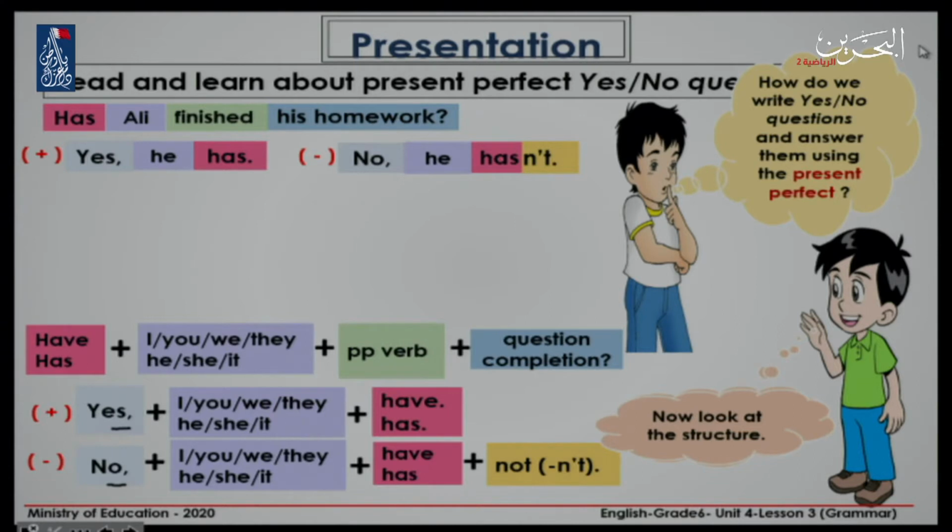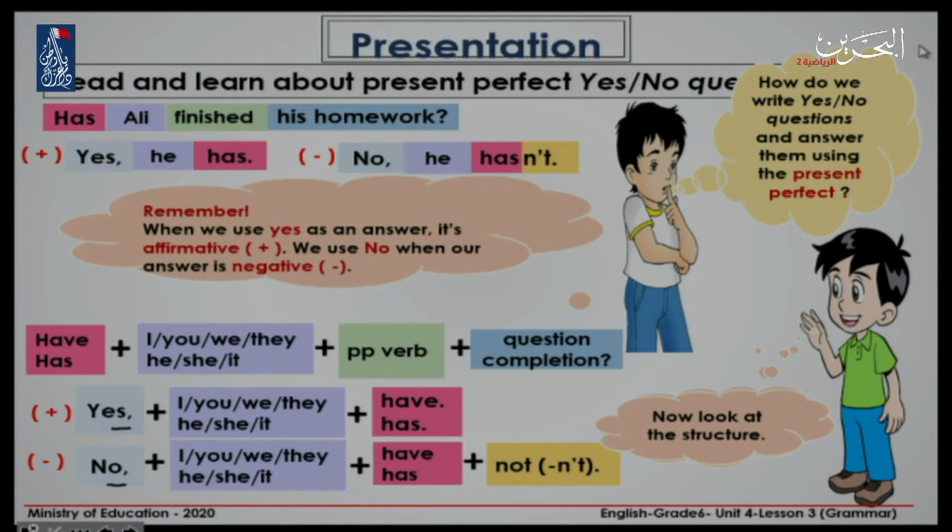So you can write has not or have not, or you can say haven't or hasn't. Remember, when we use yes as an answer, it's affirmative, plus. And we use no when our answer is negative, minus.